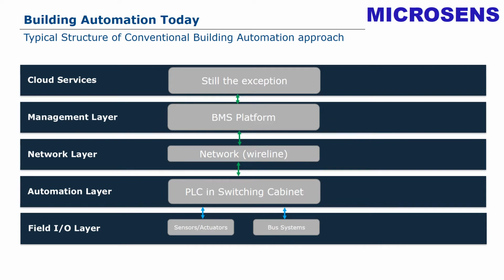Additionally, the network layer provides the complete network infrastructure for the building automation system, which allows us to network all the PLCs, but also to provide the data transfer from the automation layer to the management layer, where the common BMS platform is.